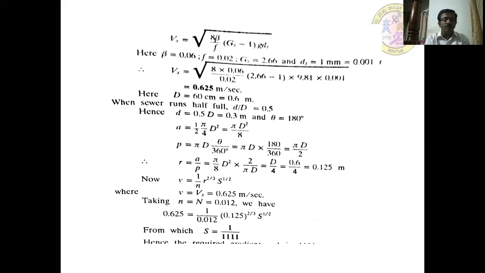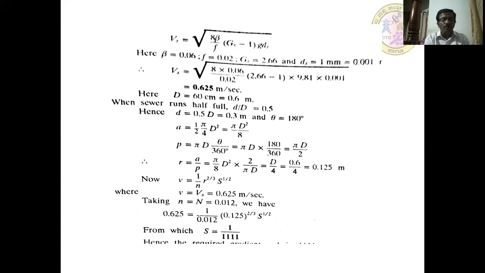And by using the Manning's equation, small v equals 1 by n r to the power of 2 by 3 s to the power of 1 by 2, substitute where v equals Vs. Vs means partial flow, otherwise the self-cleaning velocity of flow. So we get 0.625 meter per second. n is constant, so you substitute and find out the value of the slope.